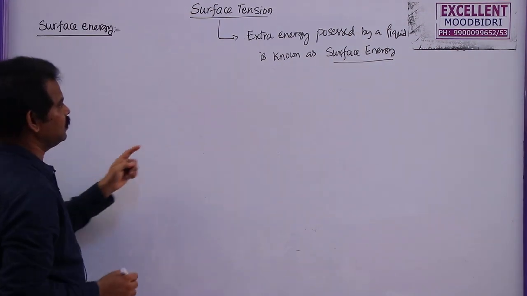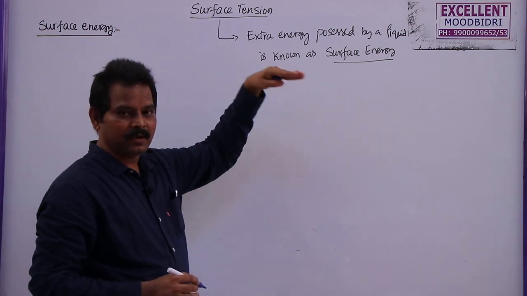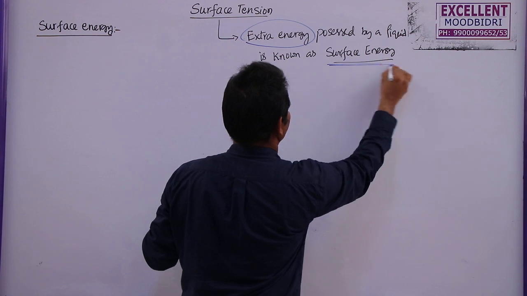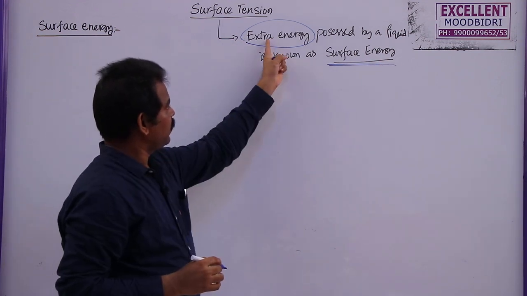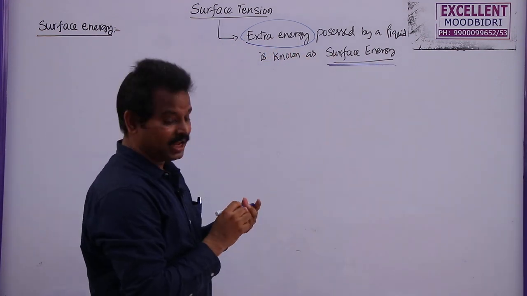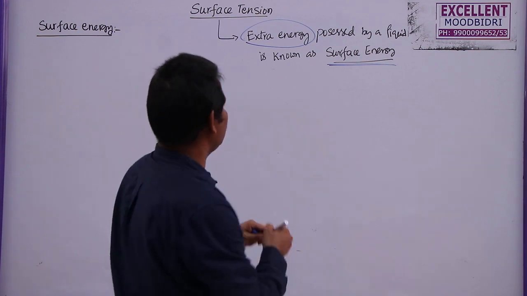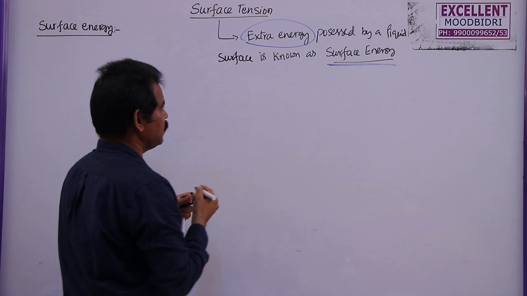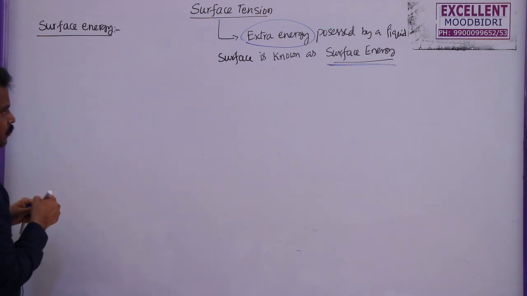Now we know that the upper surface of a liquid will have some extra energy. That's why the energy possessed by that one is called the extra energy possessed by a liquid surface here, not the liquid. The liquid surface energy is known as surface energy.